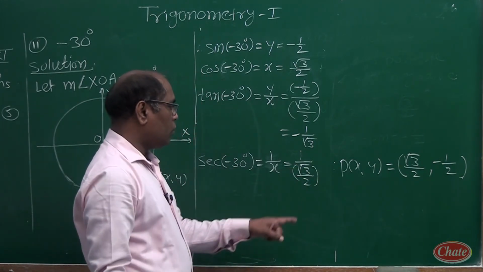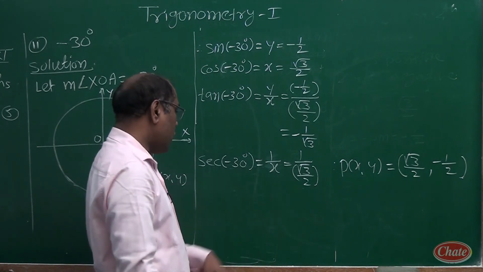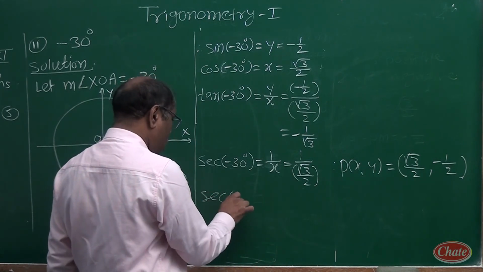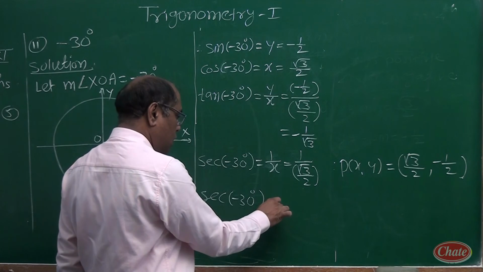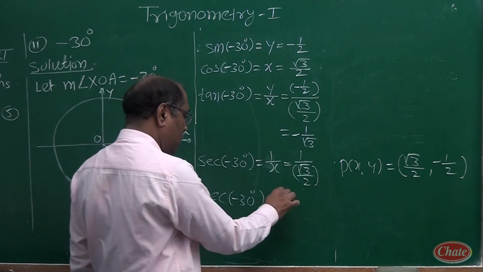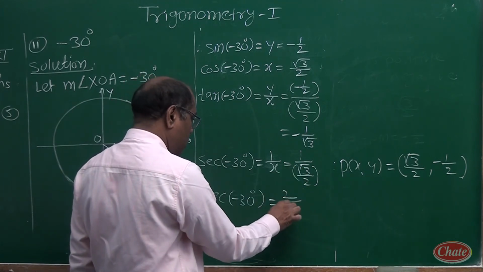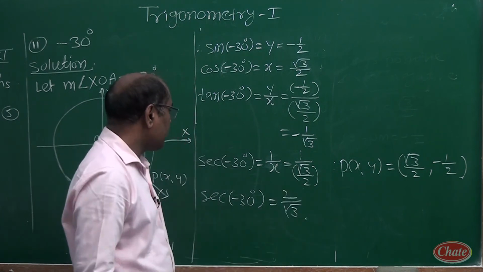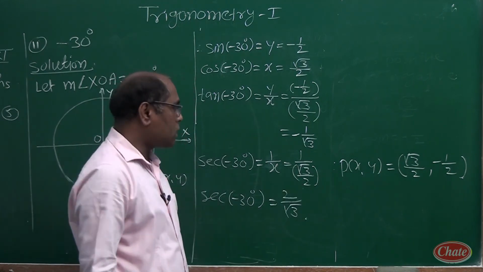X is equal to root 3 by 2. So sec of minus 30 degree is equal to 1 upon root 3 by 2, that is nothing but 2 upon root 3.